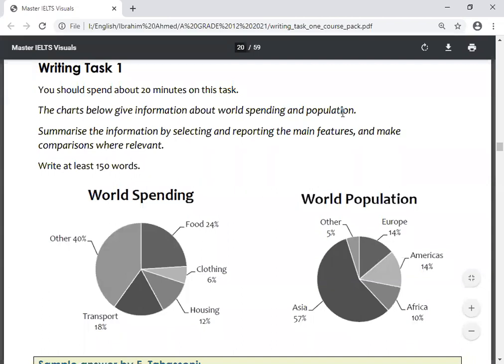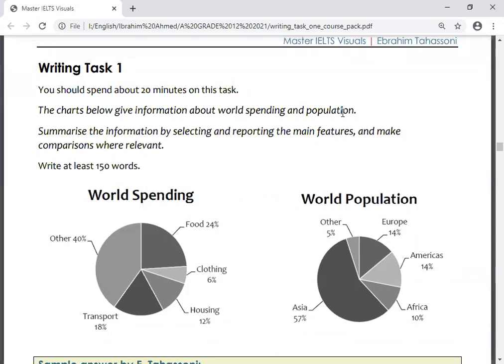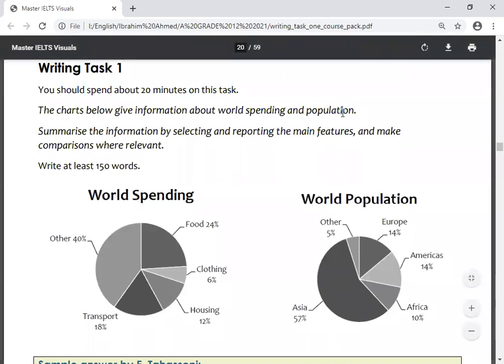But when we paraphrase this part, we need to write which type of chart it is, or they are. When we write the answer, you don't use the word below because you answer on the answer sheet and you don't have these charts in front of you. So the word below must be deleted. You don't need to write it.